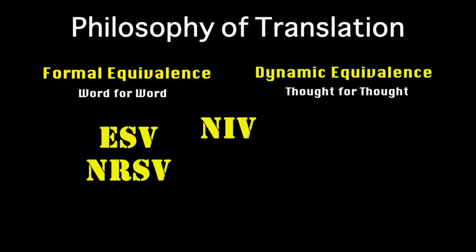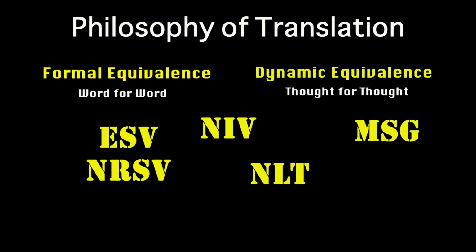But a translation more towards the dynamic end of the spectrum would perhaps be the New Living Translation. Slightly more dynamic than the New International Version. An example of a version that's very much towards the end of the spectrum of dynamic equivalence is The Message. Actually, so much so you can't really call it a translation anymore. It's more of a paraphrase.